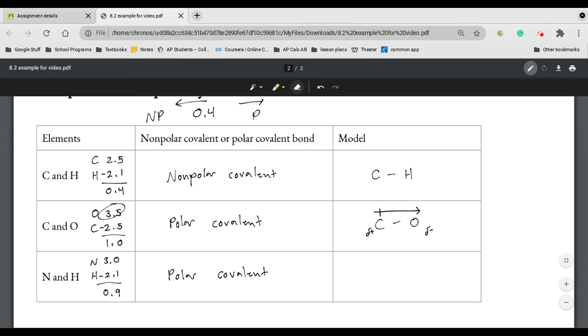And so then you draw the bond, nitrogen, hydrogen, and nitrogen has the greater electronegativity and receives the delta negative, with hydrogen receiving the delta positive. And then the arrow will point to the more electronegative nitrogen with the plus sign on top of hydrogen.